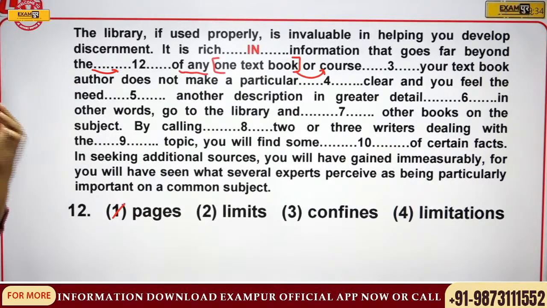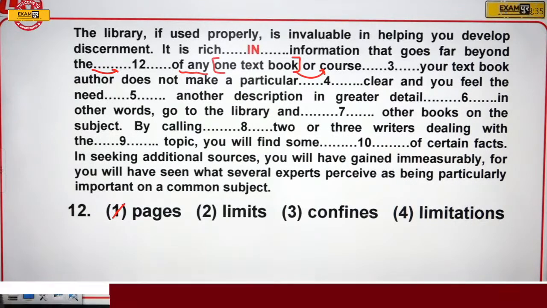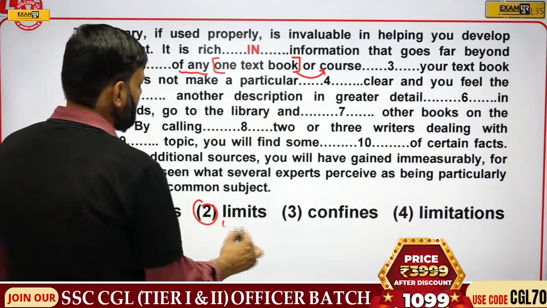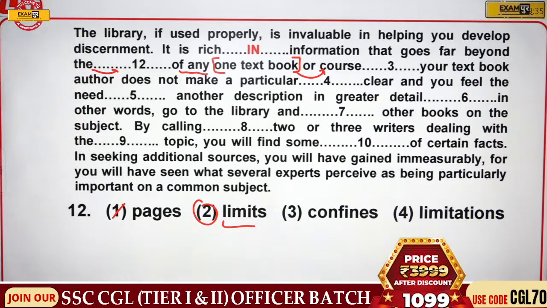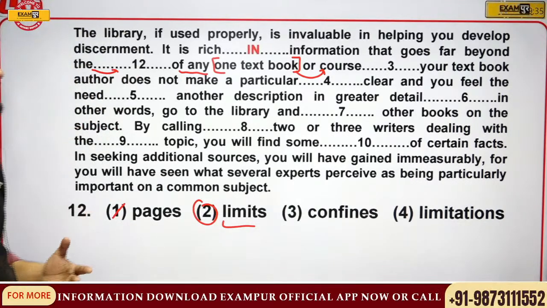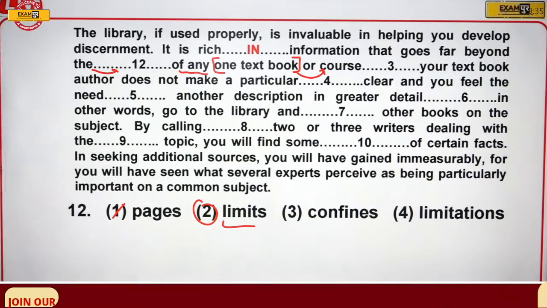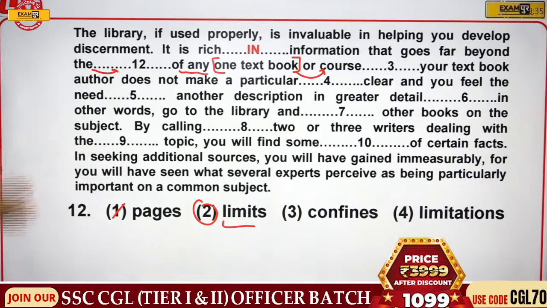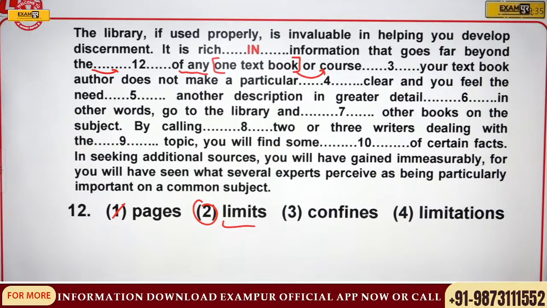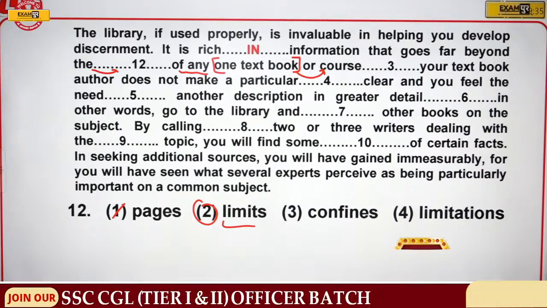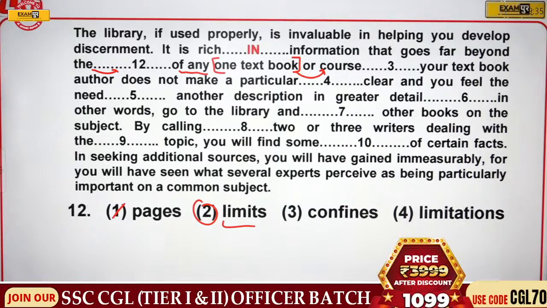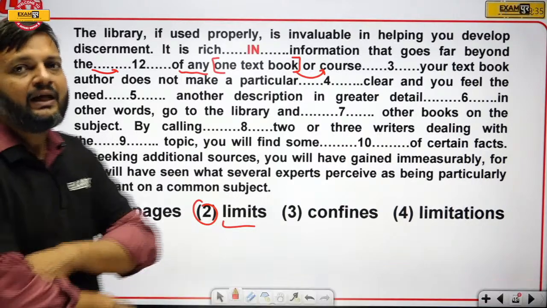And confines and limitations, here limits is the right answer, that goes far beyond the limits of any one textbook or course. So limits is the right answer. There is a difference between limit and limitation.